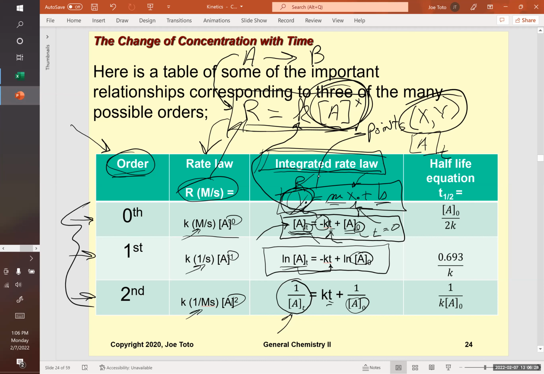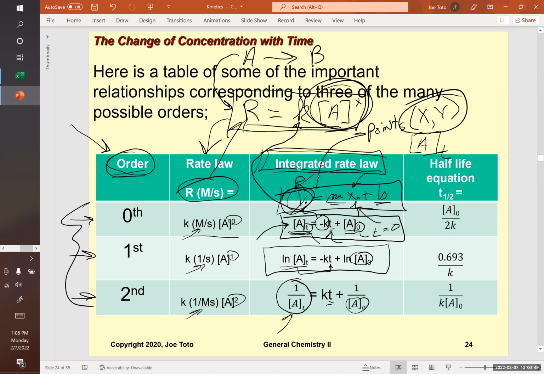But to answer your question, no, the integrated rate laws just are functions in terms of concentrations of reactants. All right, thanks for asking. Okay, any other questions? Okay, good. All right, thanks.